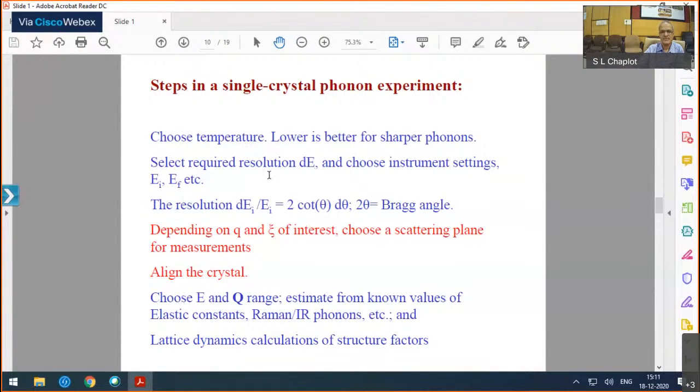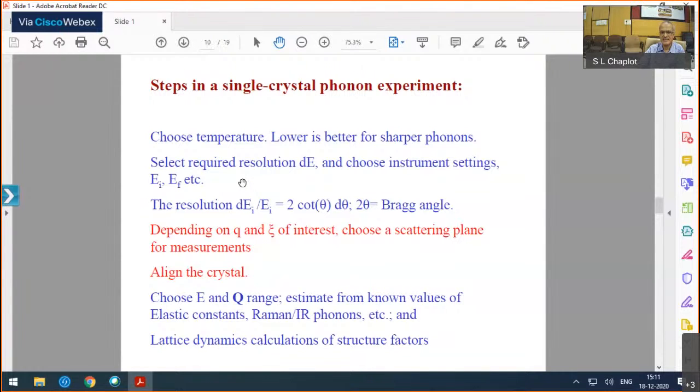So typically, one has to be aware of what is the resolution required and accordingly choose an instrument and also choose instrument settings, because even in a given instrument, the resolution strongly depends on what are the incident energies or the scattered neutron energies, what are the Bragg angles of the monochromator and analyzer.